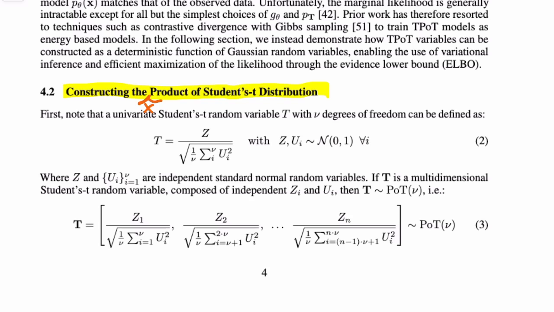distribution from Gaussians. I take one Z variable and a bunch of U variables, and they're all distributed like Gaussians. I square the U's, I sum them up, I average them, and then I take the square root and I divide Z by that. This variable is going to be a univariate student T random variable.